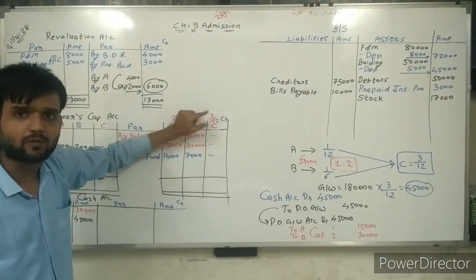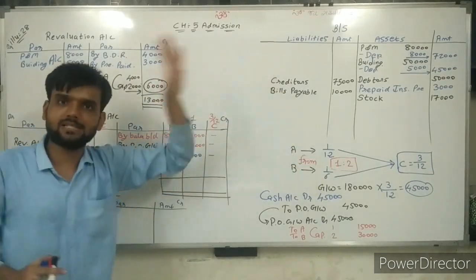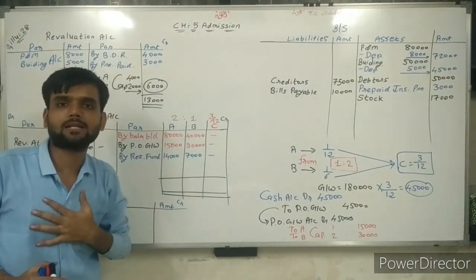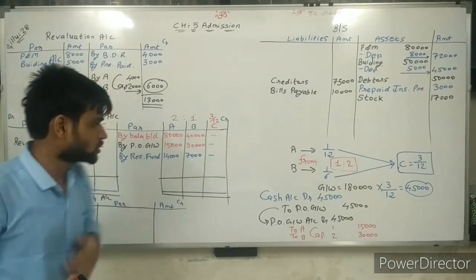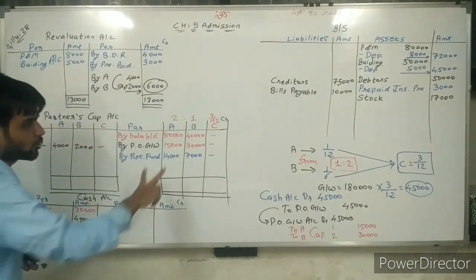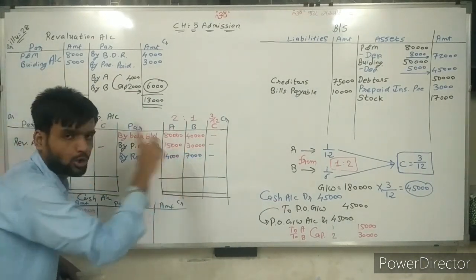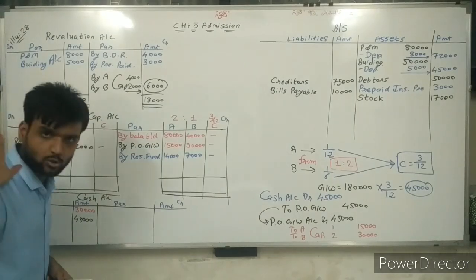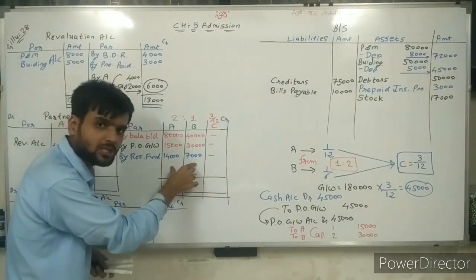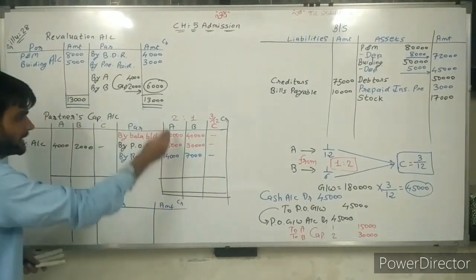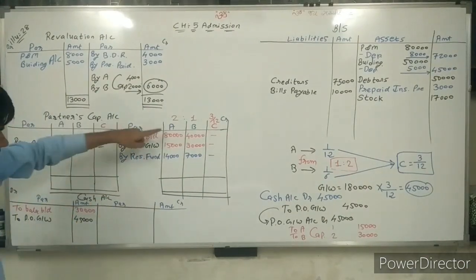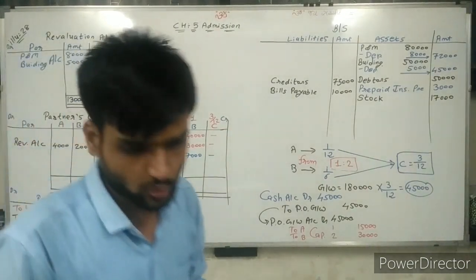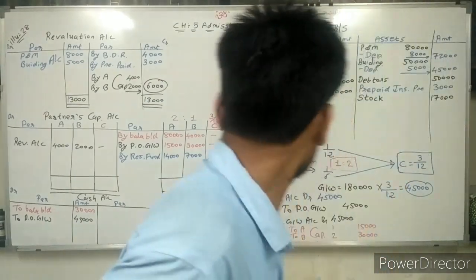His portion is 3/12. That portion will be brought in by C. That we know very well. So first of all, we are closing the accounts of A and B only. So making the total of this, 18, 14, 15.